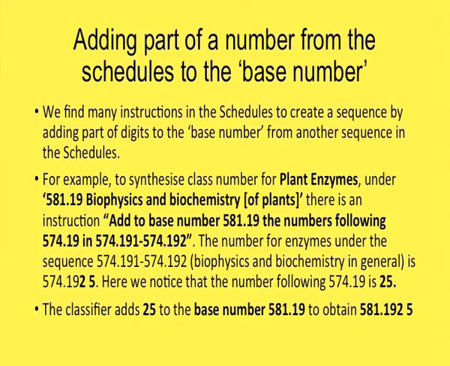For example, to synthesize the class number for the subject plant enzymes, we find that 581.19 is the number for biophysics and biochemistry of plants.